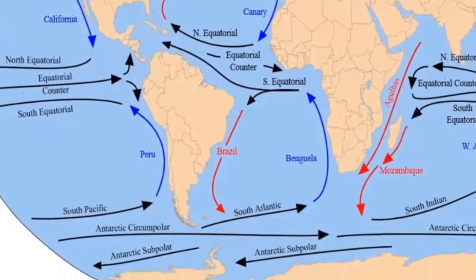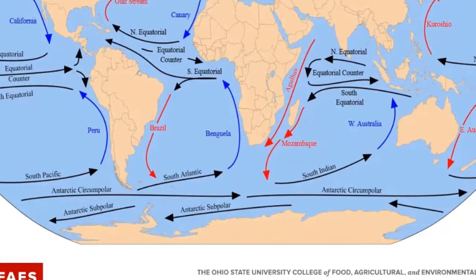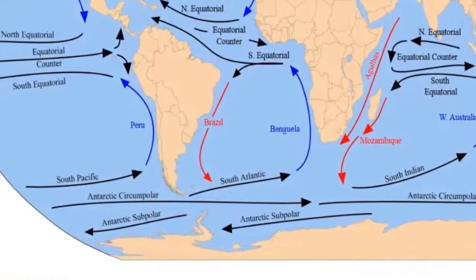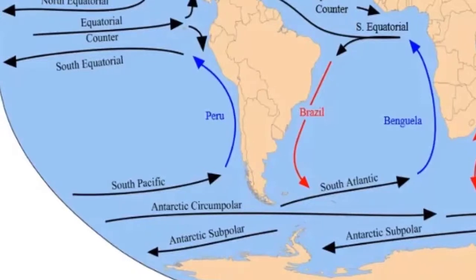Why? Okay. Ocean currents in the southern hemisphere tend to go in giant loops in the oceans that are counterclockwise. So take a look at the South Pacific Ocean. You've got a current way down in the South Pacific that's flowing from west to east, flowing from the direction of New Zealand toward Chile.